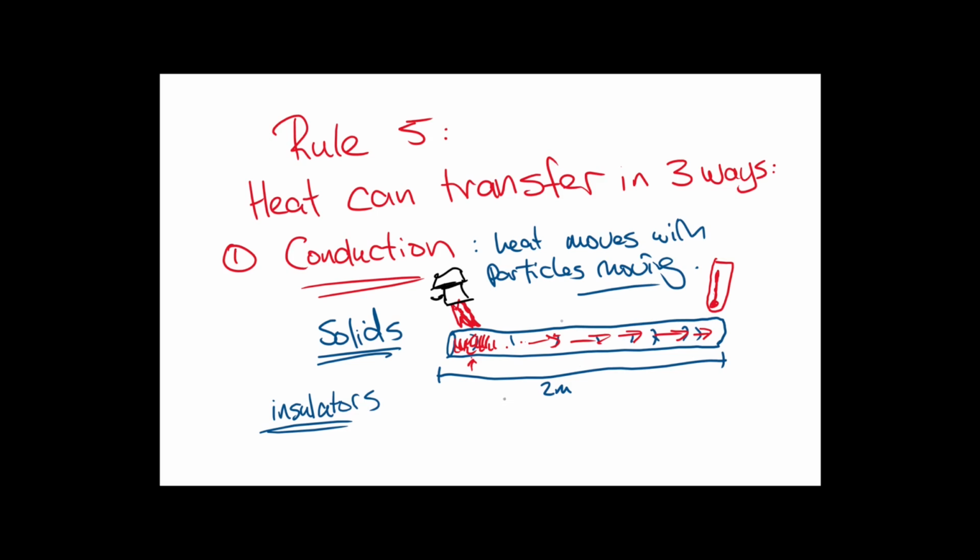Everything conducts heat to some degree, but some things don't conduct well. Glass is not a good conductor of heat. Wood is not a good conductor of heat. There are a couple of things that aren't really good conductors of heat, but those are the two that we want. A lot of plastics also do not. Plastics and ceramics don't conduct heat very well.